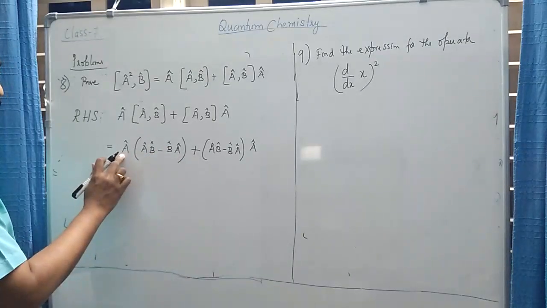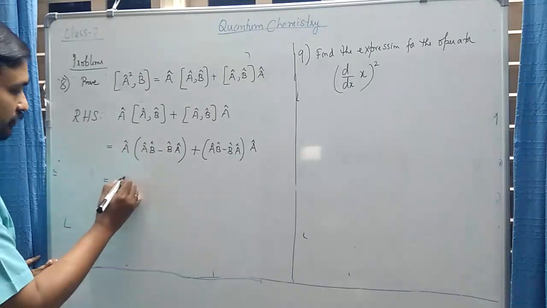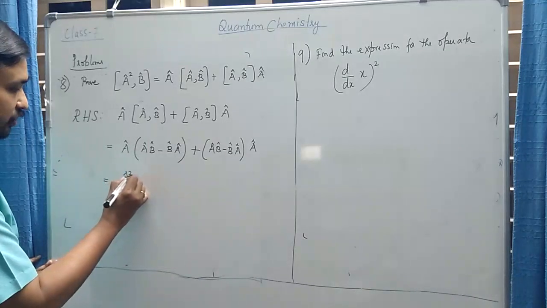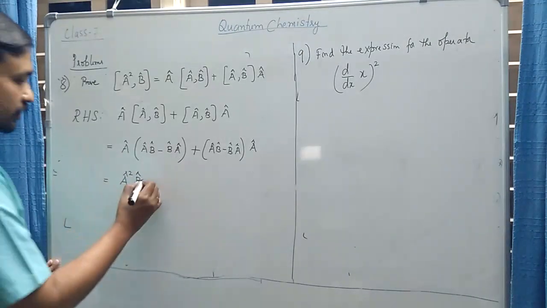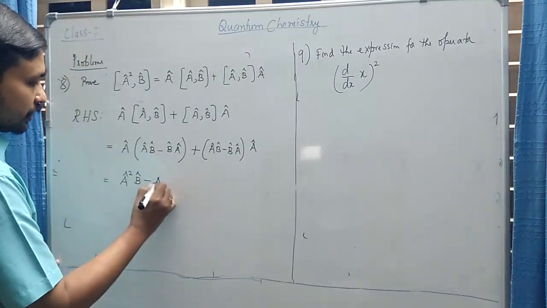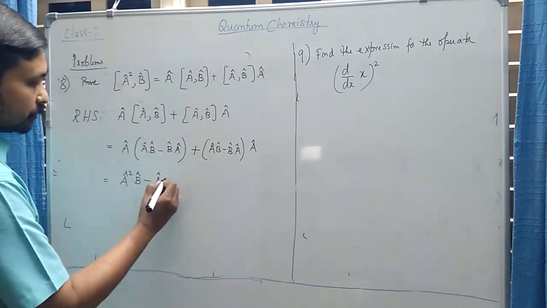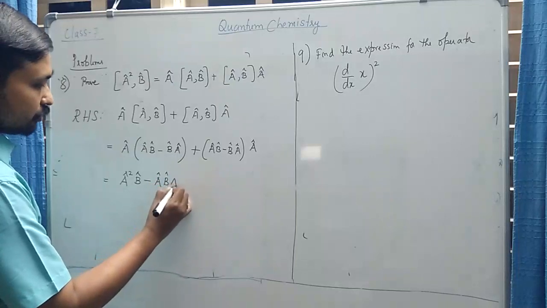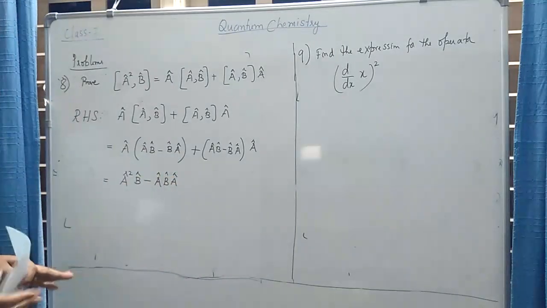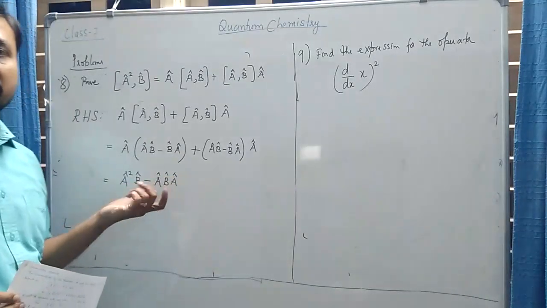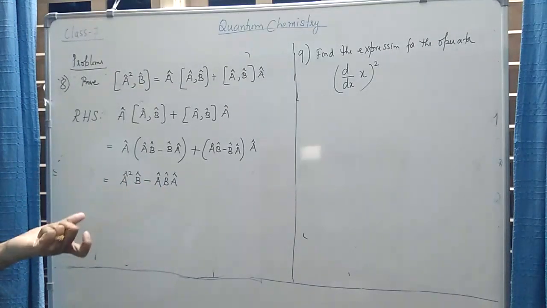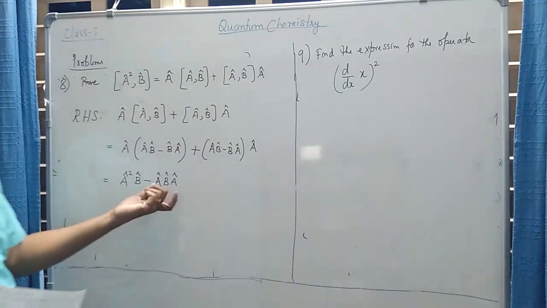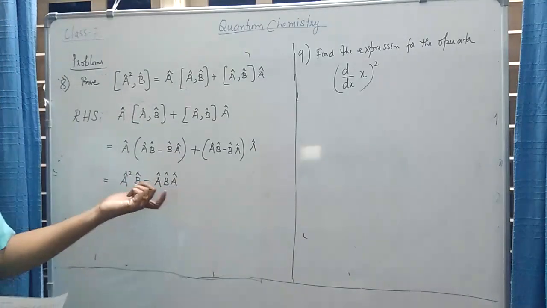The first is A into AB, which can be written as A² B. Remember, you cannot interchange the sequence of these operators because we don't know whether the operators commute with each other or not.